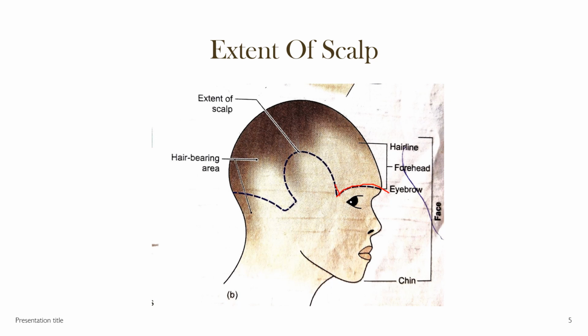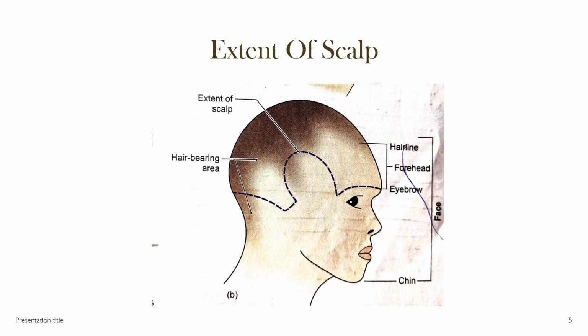This is the superior temporal line, and this is the superior nuchal line, while this is the superior nuchal line, and lastly here there will be the external occipital protuberance. So this is all about the extent of the scalp.